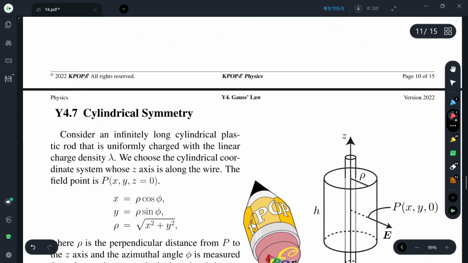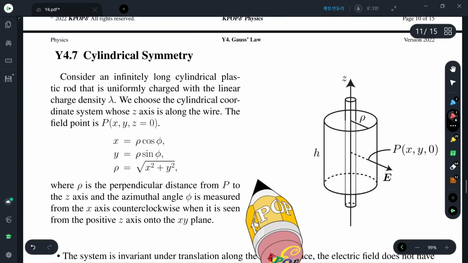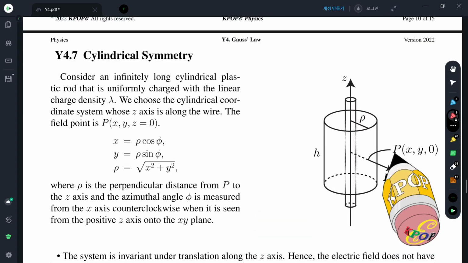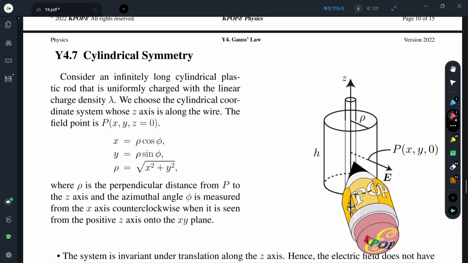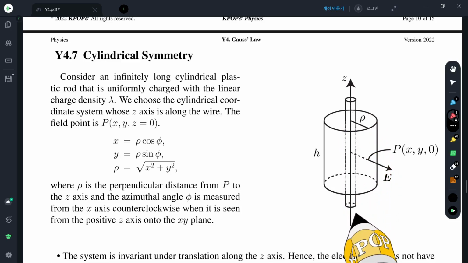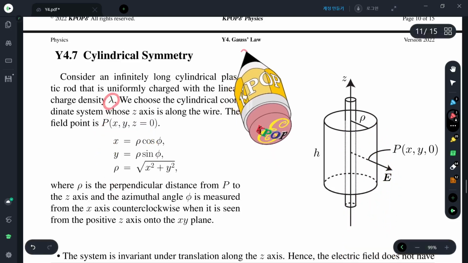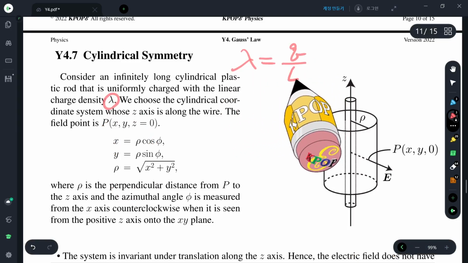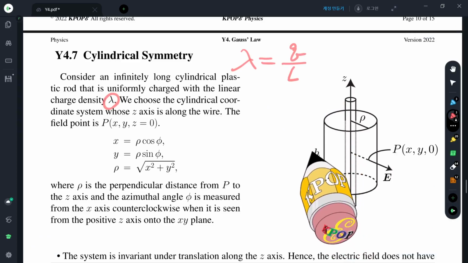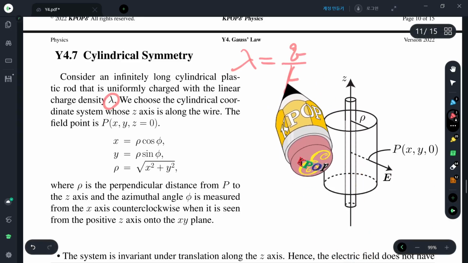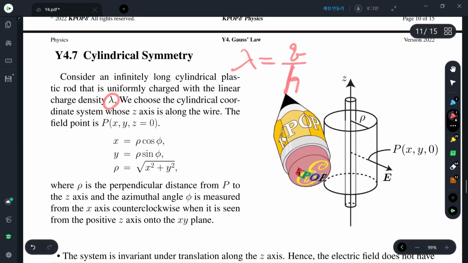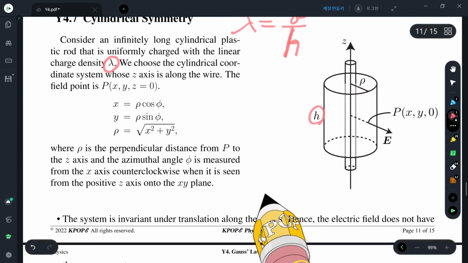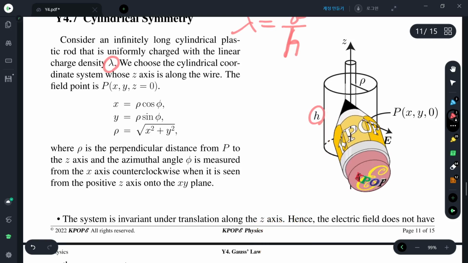So next we consider a cylindrical symmetry. We have a uniform charge distribution with the charge density lambda, which is Q over L, something like that. And here we have H. Let's rewrite this: Q over H is lambda. What happens in this case?